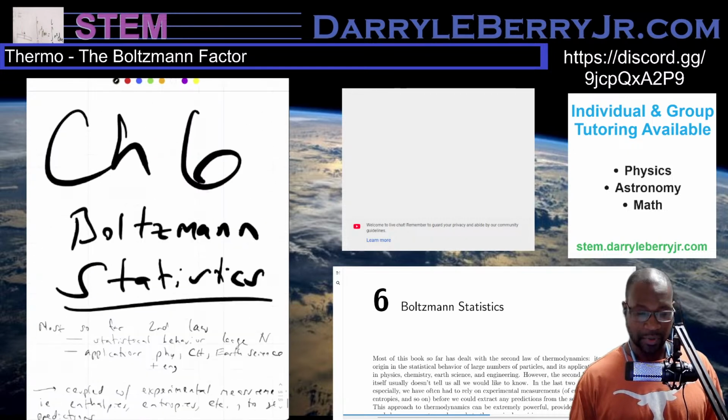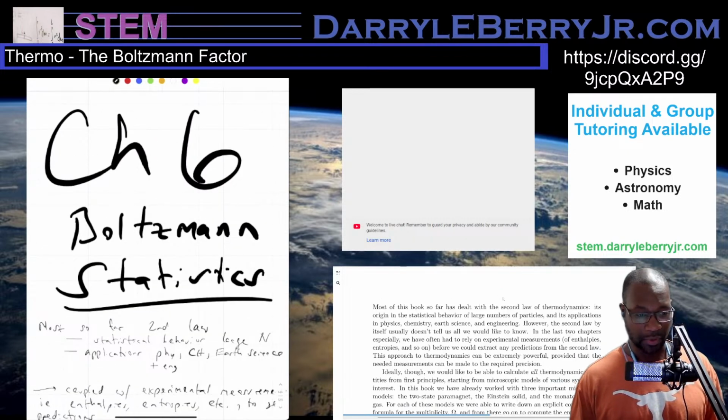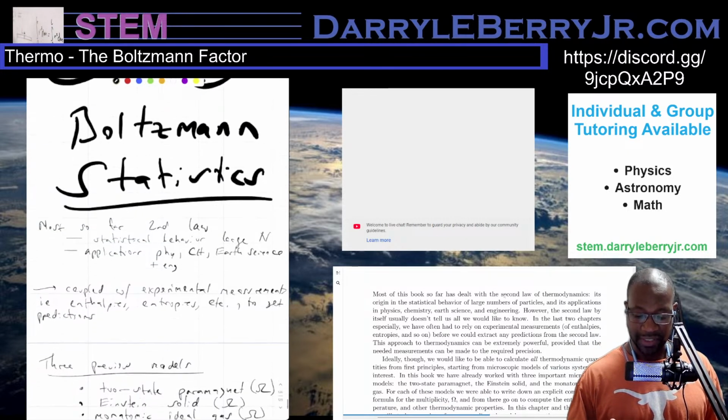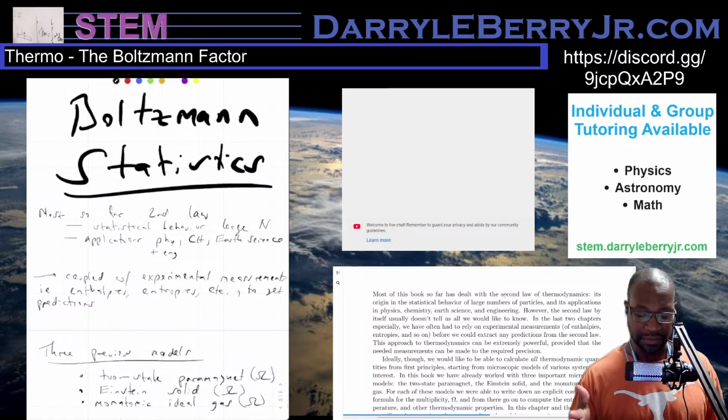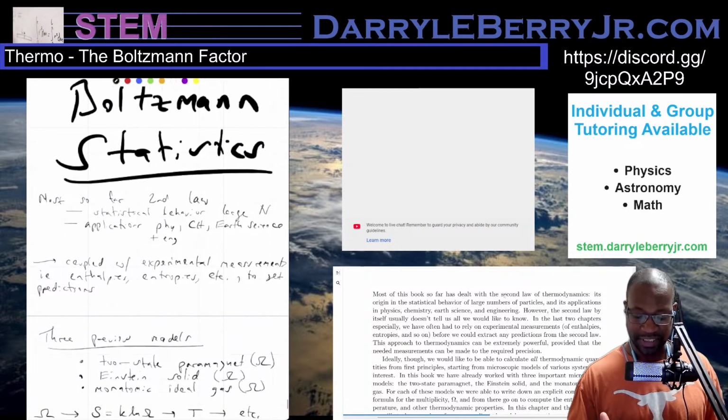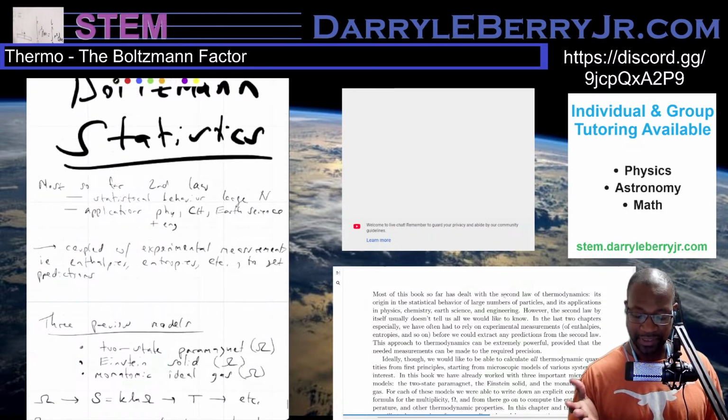So looking at the first part, I already read the first introductory part here, was talking about how the majority of the textbook up to chapter 5 was the second law of thermodynamics, which is dealing with statistical behavior of a large number of particles. We had applications in physics, chemistry, earth science, engineering, which I spoke about a bit before in problem solving.